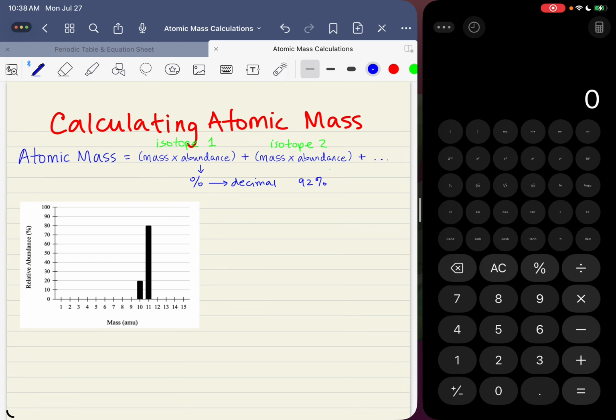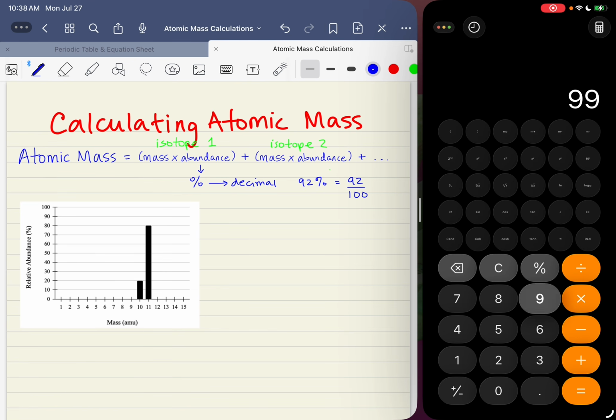92%. Percent literally means per cent, out of a cent. Cent means 100, like century is 100 years, or a penny is a cent, and there are 100 cents in a dollar. So literally what a percent means is that there's 92 out of 100. So we're going to be dividing that by 100.